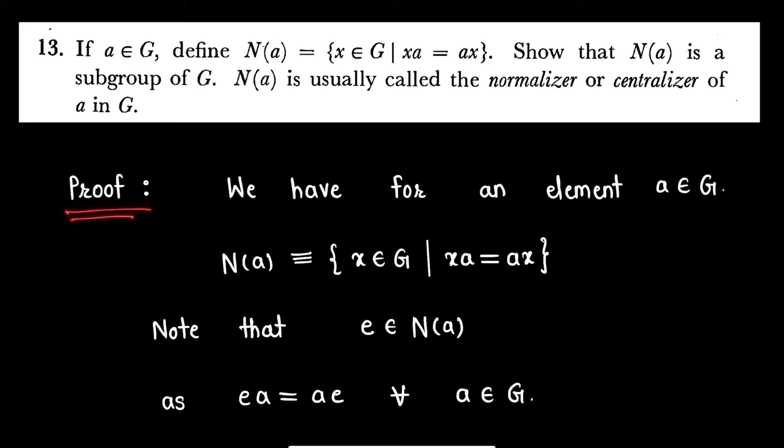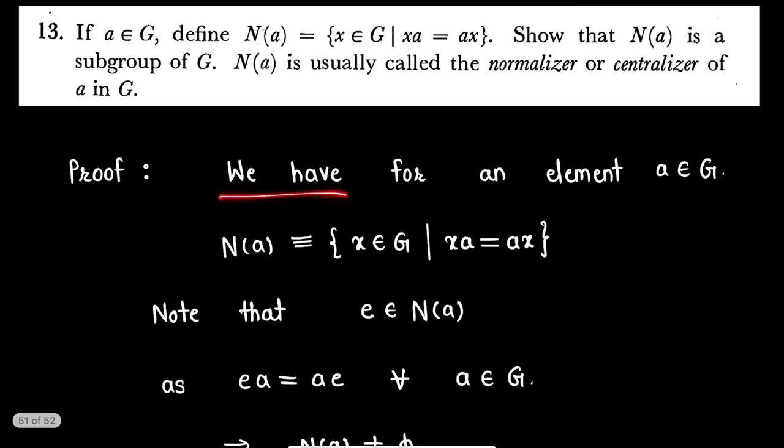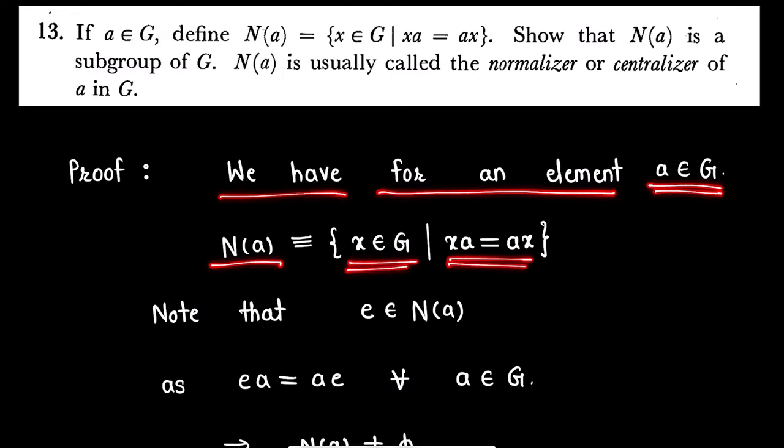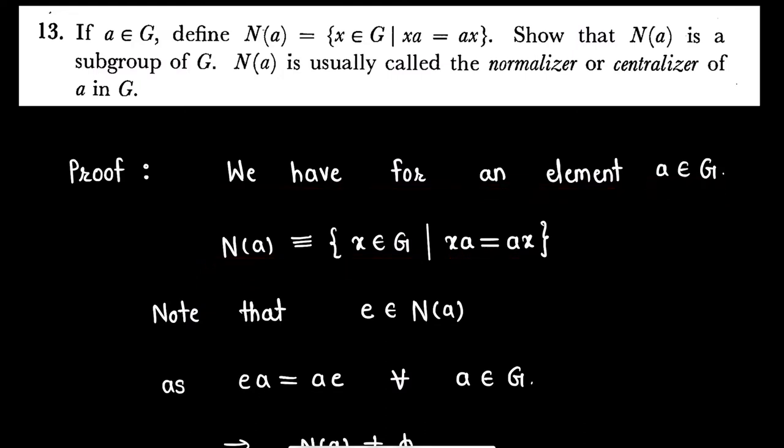So, proof. We have, for an element a in group G, N(a) is the set of all those elements x in group G which commute with a. Now, in order to show N(a) is a subgroup of G, firstly we must show that N(a) is non-empty.